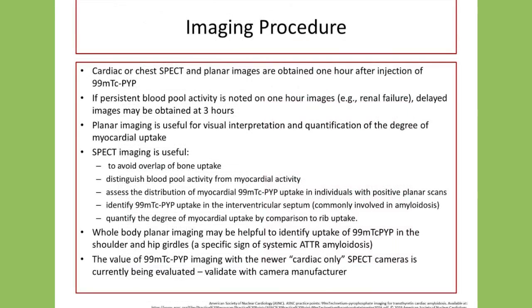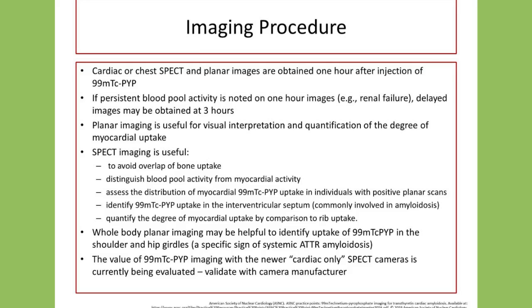So the standard imaging procedure is that both planar and SPECT imaging should be obtained at 1 hour after injection. If there's persistent blood pool activity noted at 1 hour, delayed imaging may be obtained at 3 hours. Again, the new thought process is that imaging at 3 hours will help avoid the potential for misdiagnosis due to blood pool activity.